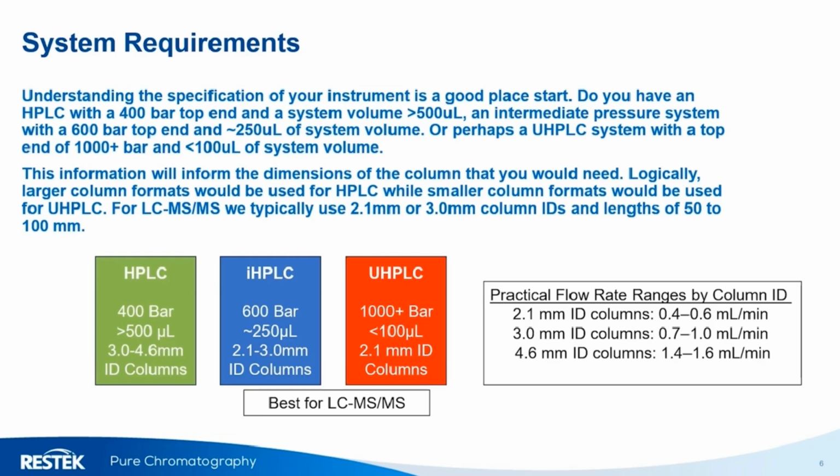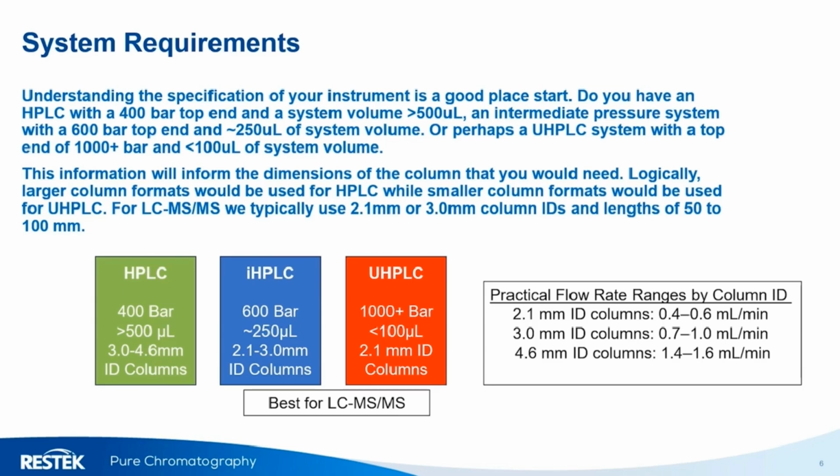Then we have UHPLC systems. These systems can handle much higher pressure, greater than 1,000 bar, and they also have much less system volume than the other system types. They could be 100 microliters or less of overall system volume, and they work very well with 2.1 millimeter ID columns.